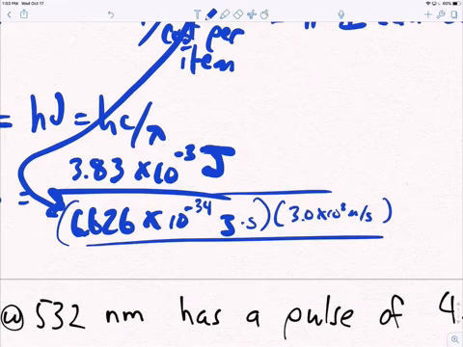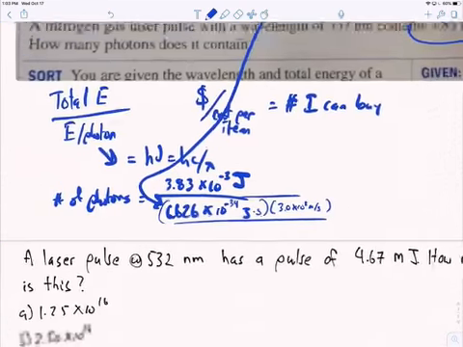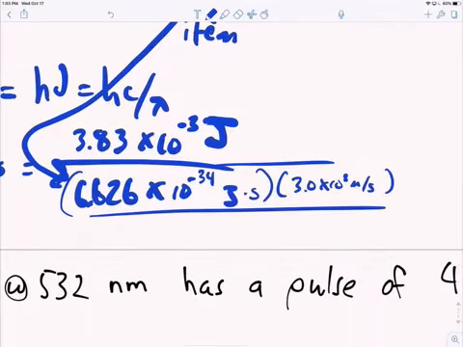And over lambda, how long is it? 337 times 10 to the minus 9 meters. I'll make this smaller so you can follow.